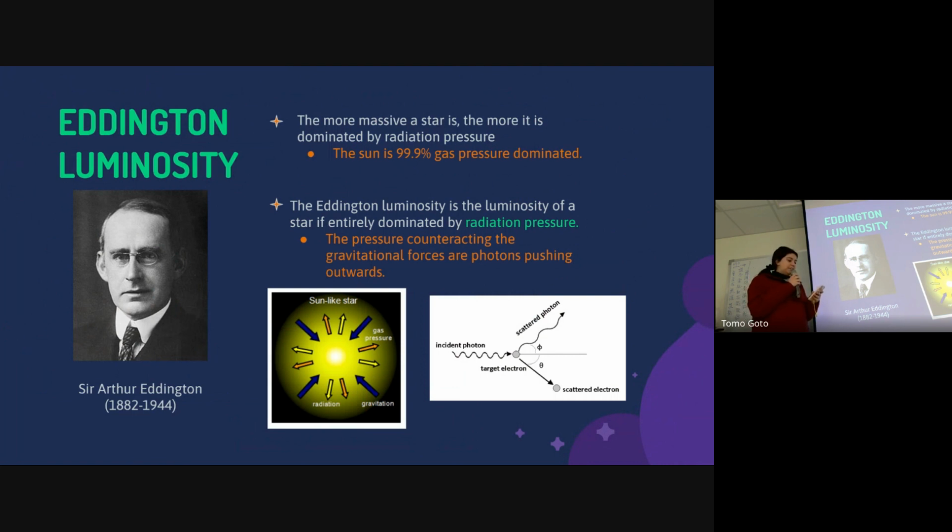So the scattering cross-section for the electron is about 1,000,000 times greater than that of the proton. While some photons do scatter off protons, we can safely ignore this interaction, as it would be like a 1 in a million correction. The Eddington luminosity gets its name from the British astrophysicist and philosopher Sir Arthur Eddington.